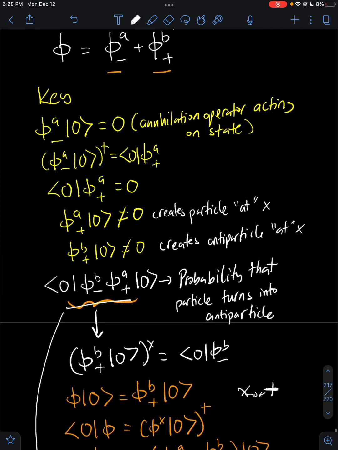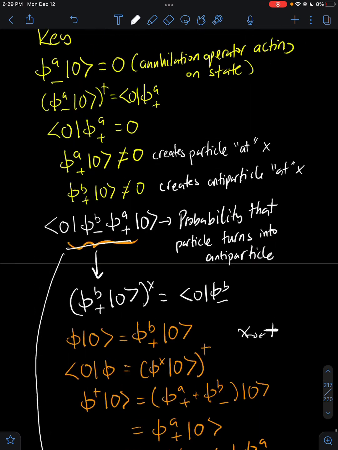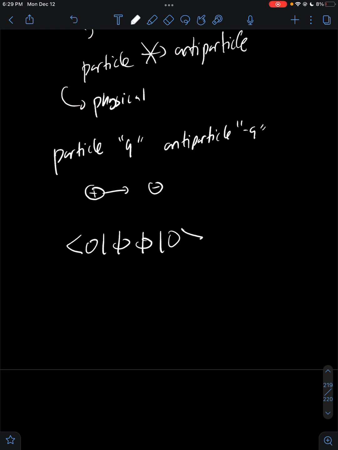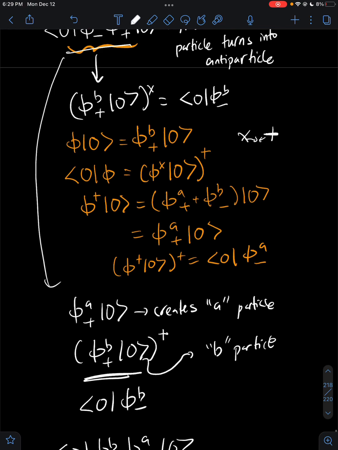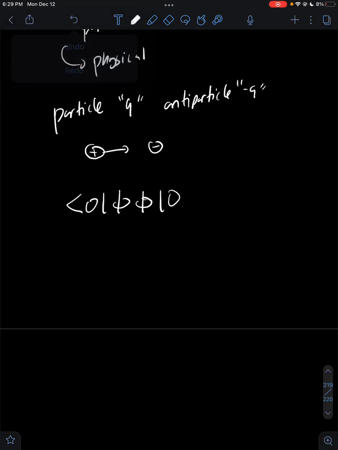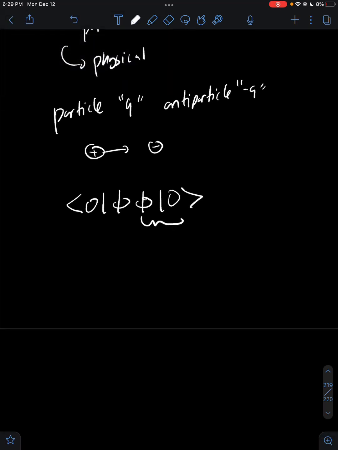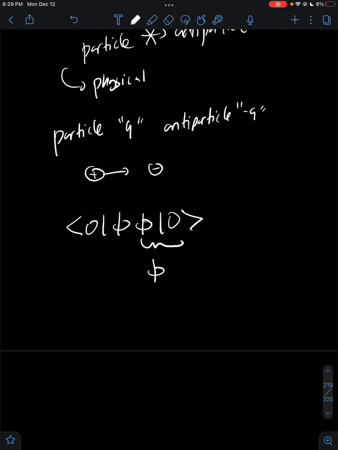So with that being said, we can also look at this right over here. What is this equal to? Now we have that phi acting on the vacuum state is just this. So this part is just going to be phi b plus acting on the vacuum state.